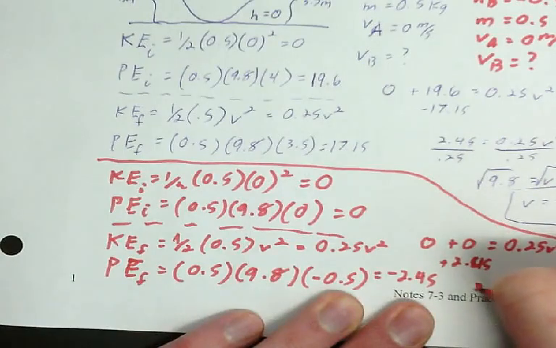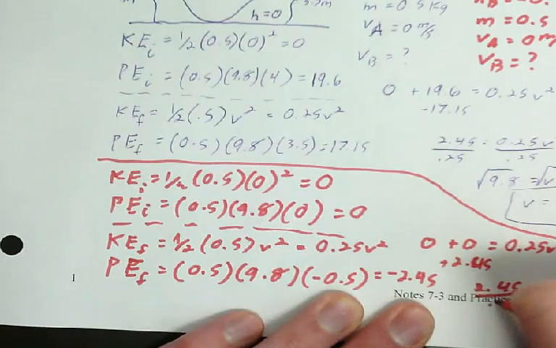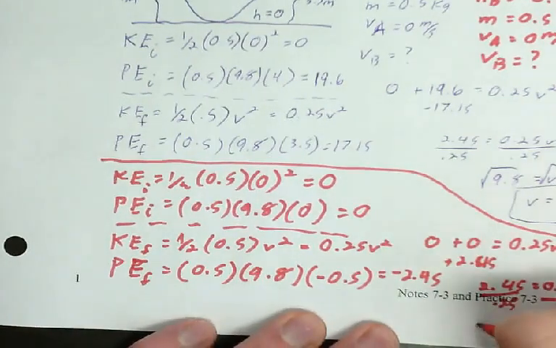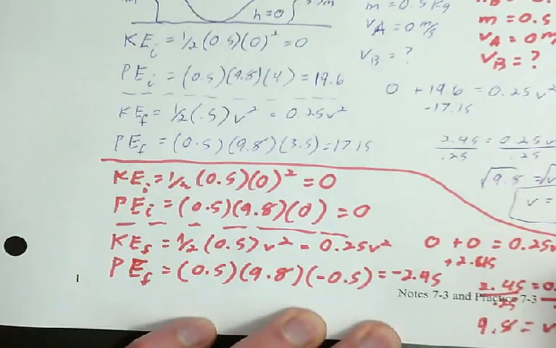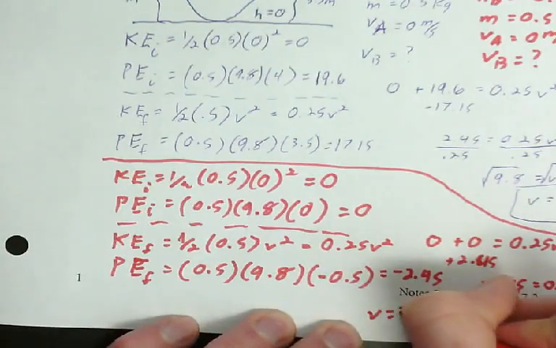Gives me 2.45 equals 0.25 v squared. I'm going to divide both sides by 0.25. Gives me 9.8 equals v squared. Square root both sides. And you get v equals 3.13.